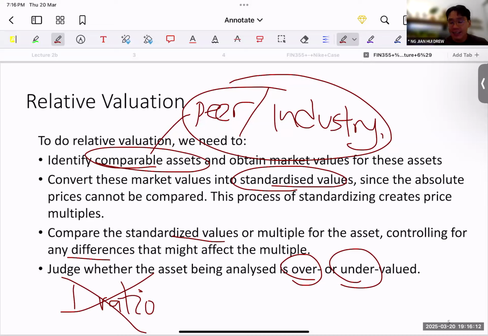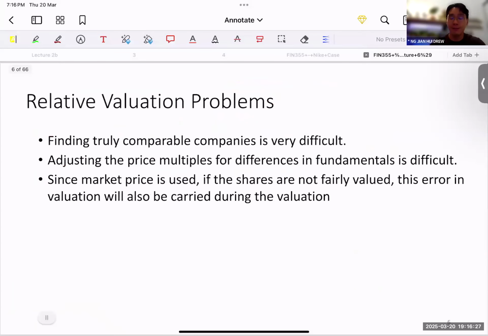As I understand, some of you have heard this before, and maybe you have done other modules on relative valuation. So you can use other relative valuation ratios. You are not limited to what I'm teaching in this lecture today.